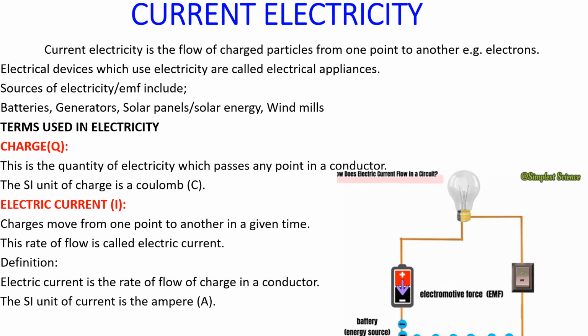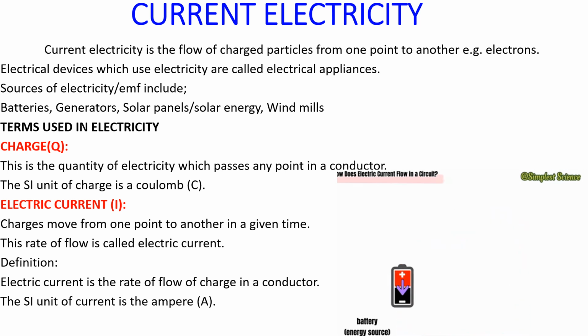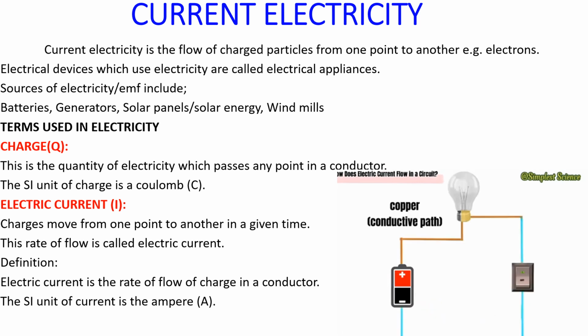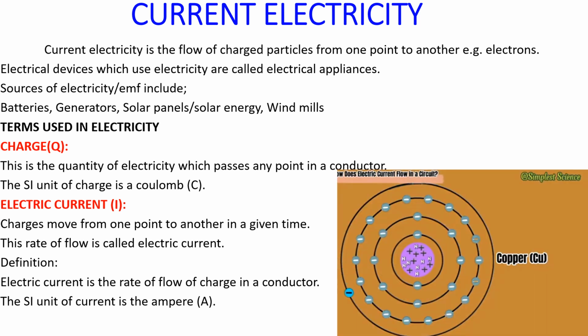So as we can see, when the switch is on, electrons flow from negative to positive. This is because the electrons are free to move.